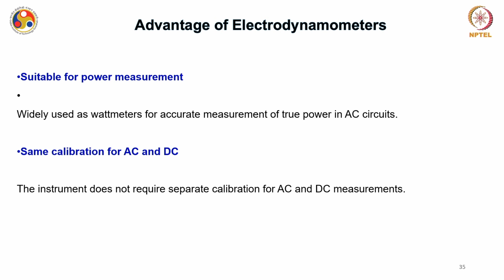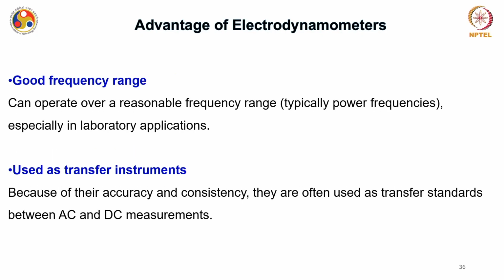We will discuss, when we talk about wattmeters, that they can also be used in a wattmeter. Okay. Another advantage that we have seen for electrodynamometers in our last two lecture discussions is that they have the same calibration for AC and DC. So the instrument does not require separate calibration for AC and DC, and once you have calibrated with DC, it can be used for AC measurement also.